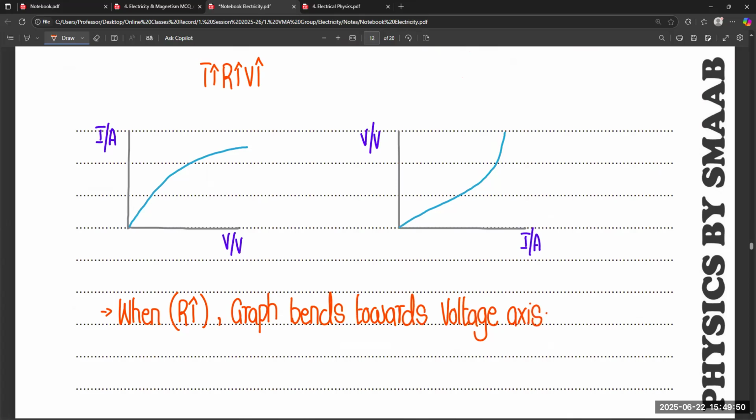So when resistance is high, your graph shows representation by bending towards voltage axis.